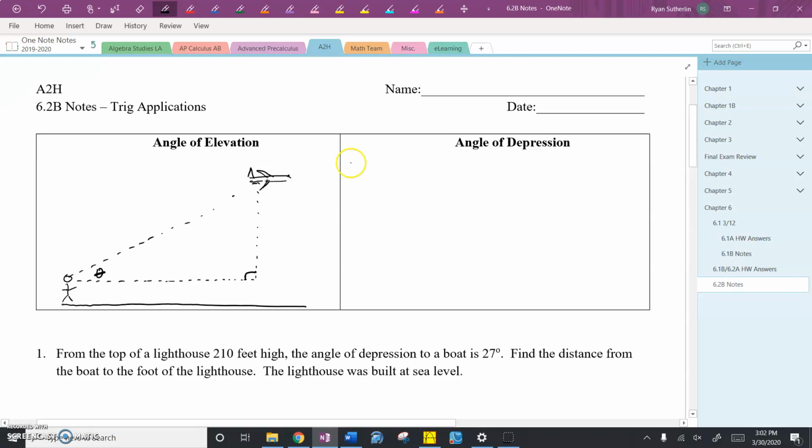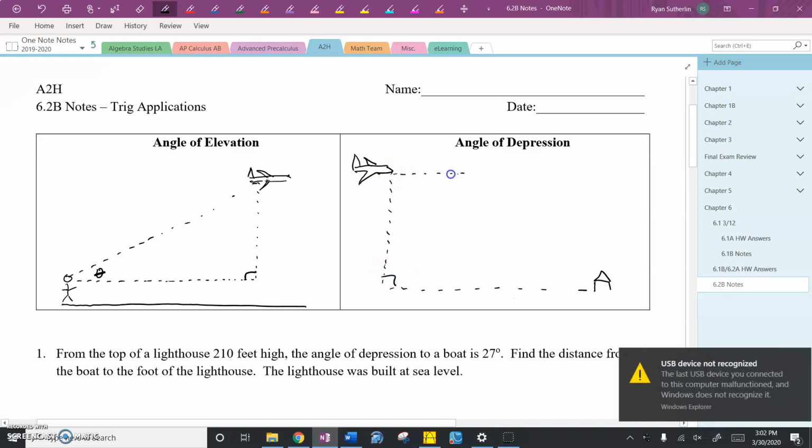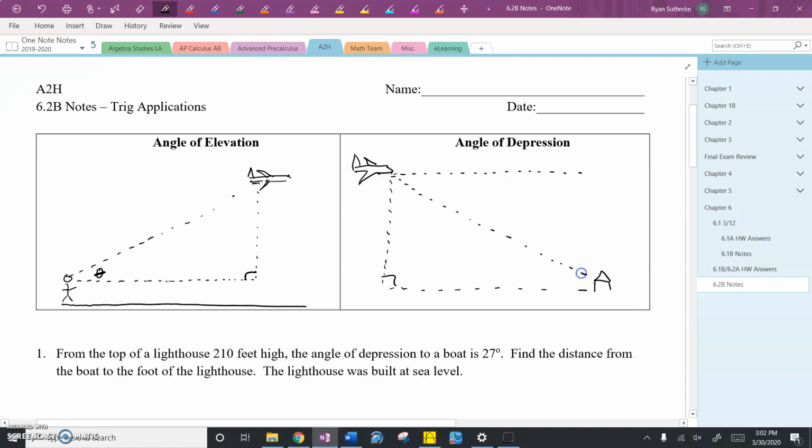Now, angle of depression is the vocab term that people have the most issue with. So let's say you're in that same airplane and you spot a house down below. Now, the angle of depression is the angle that is made with the horizontal again, and you have the angle going down here to see the house.